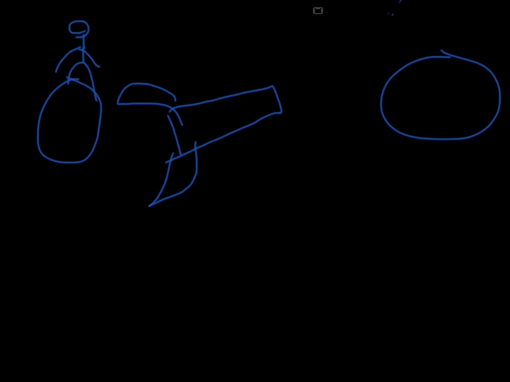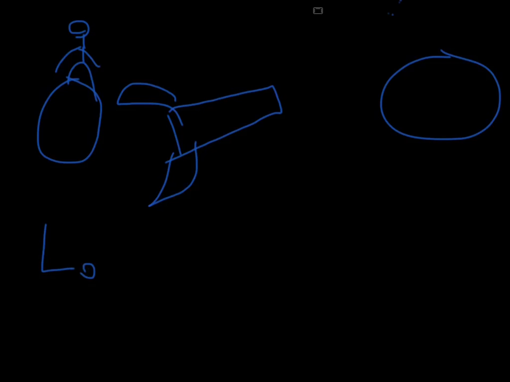From your point of view, the distance that the rocket ship must travel is going to be called the proper length.